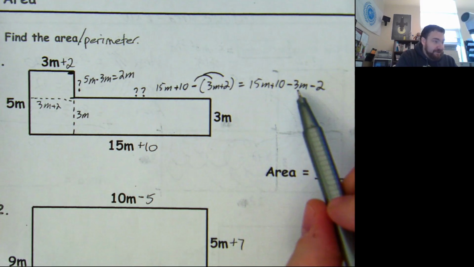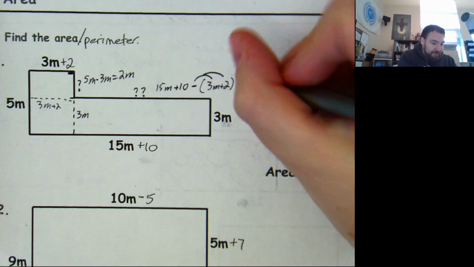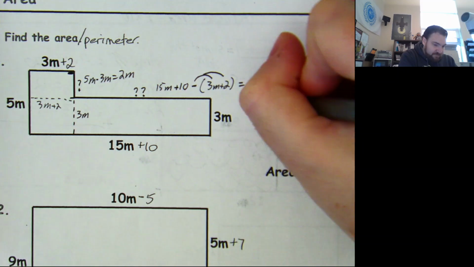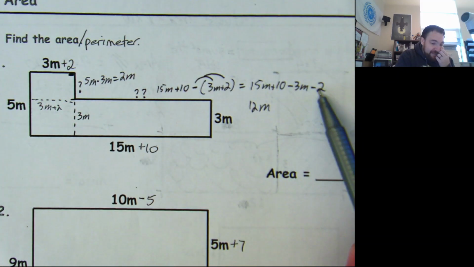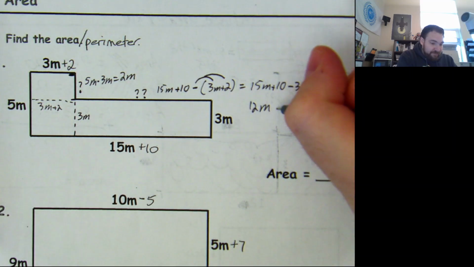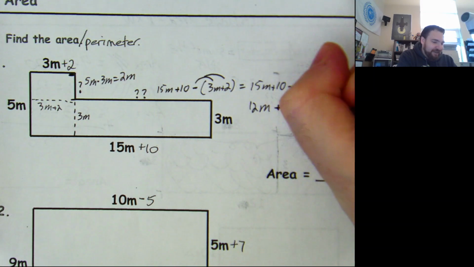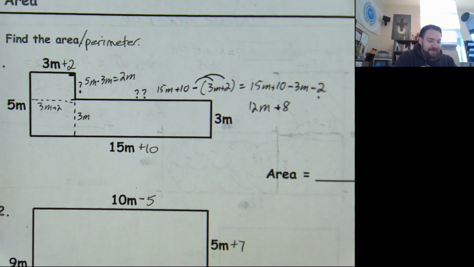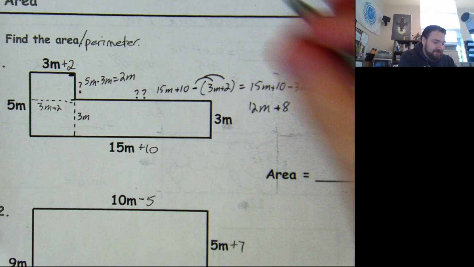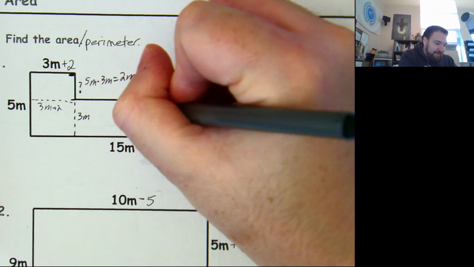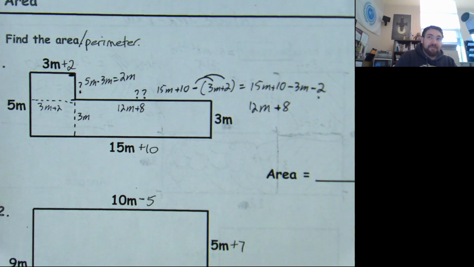What's 15m minus 3m? 12m. And then 10 minus 2 is 8, positive, there you go. It's early on a Tuesday morning. So we've got 12m plus 8 here.